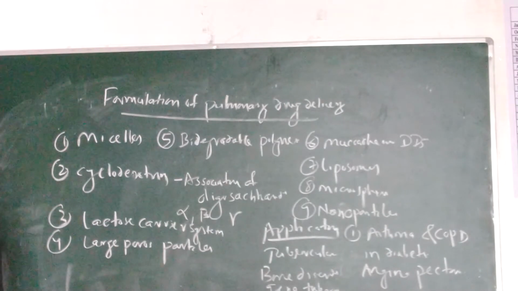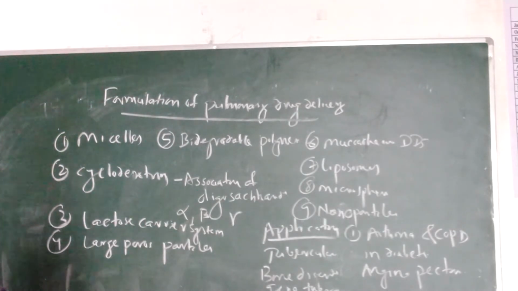Then another type of system is the lactose carrier system. This is generally for lung deposition. The particle size should be within the range of 30 to 100 micrometer. That's why we use alpha lactose monohydrate as a bulk carrier, particularly in dry powder inhalers.